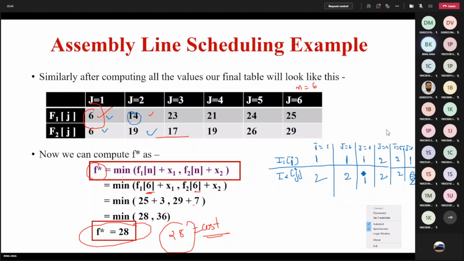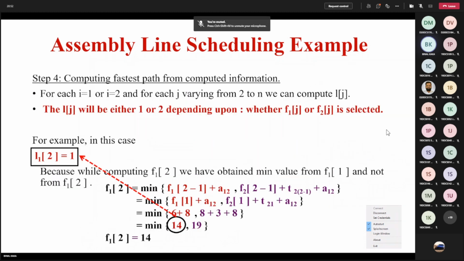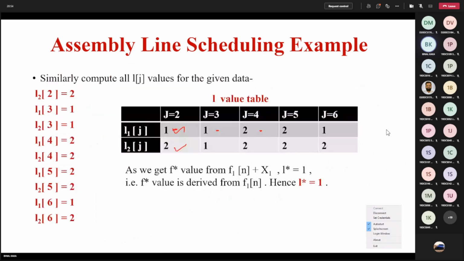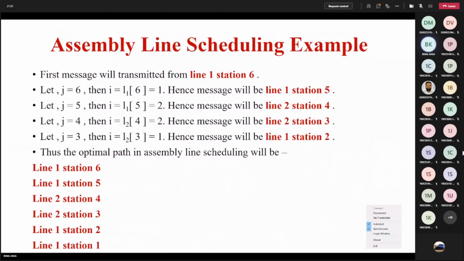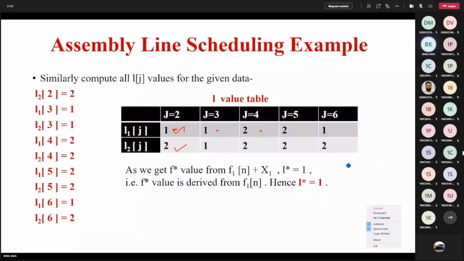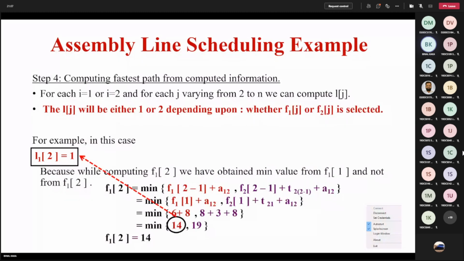Now let's start the destination, that key we have to check. How can we check? So, see, the table is filled. Now the table is filled with the line because of which we'll get the minimum value. Now we have to trace the tree. How can we trace the tree? Let's see that key. If we get the f star, what is the f star value?